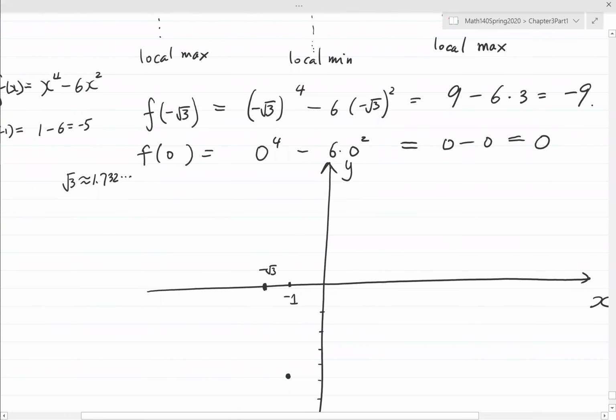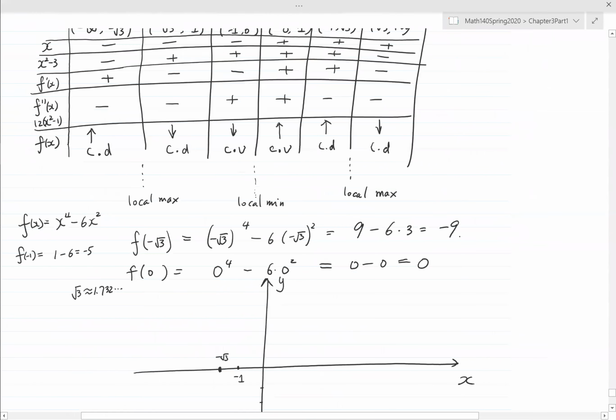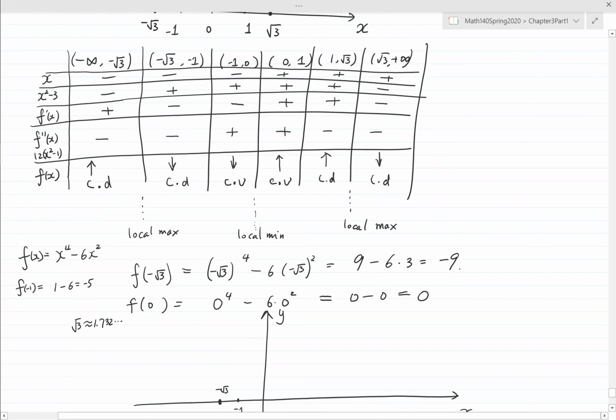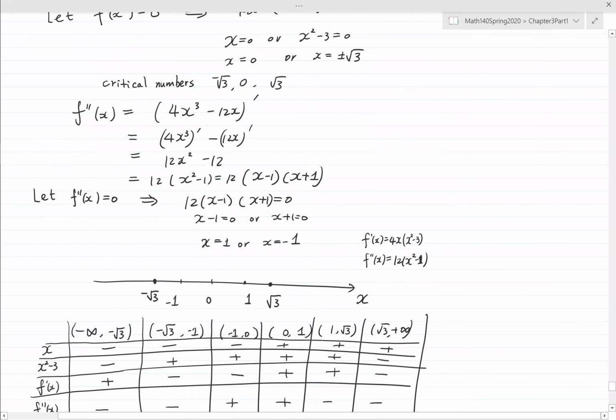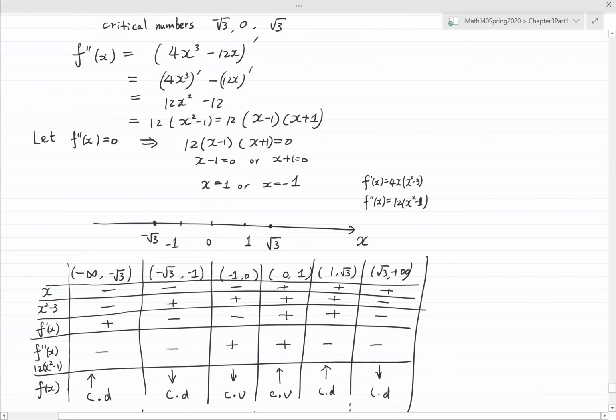Okay, did I make a mistake? I think it seems to be a mistake. If it's decreasing, then it should be smaller. Let's see where we got something wrong. Oh, here, sorry. You see, this is wrong.